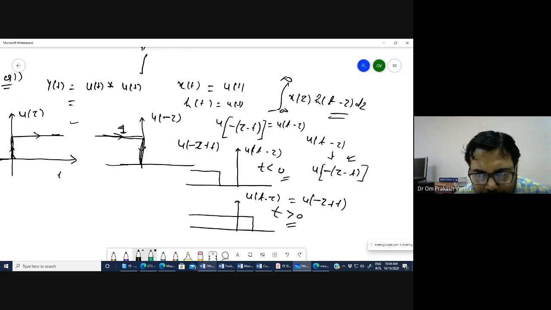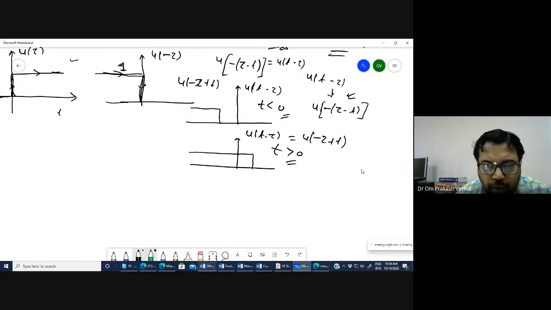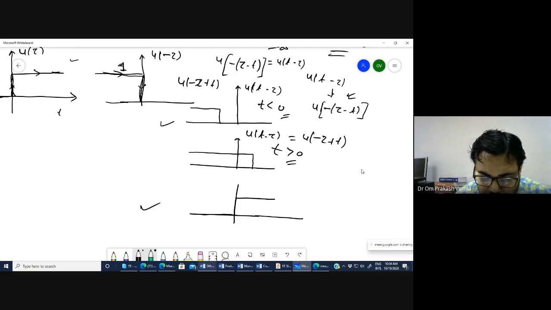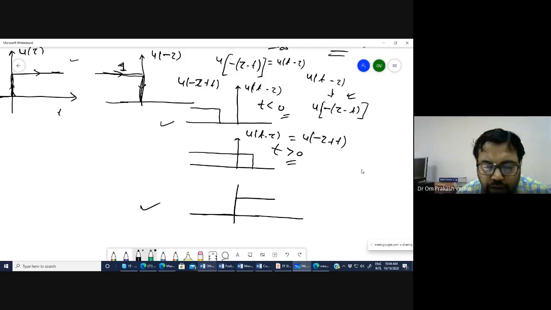Just multiply these two signals. So when you multiply this signal with this signal, what will you get? 0. Very good. When you multiply this signal with this signal, you get 0, right?